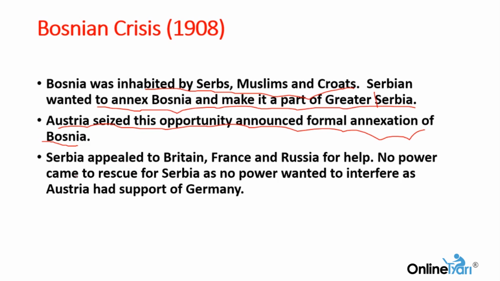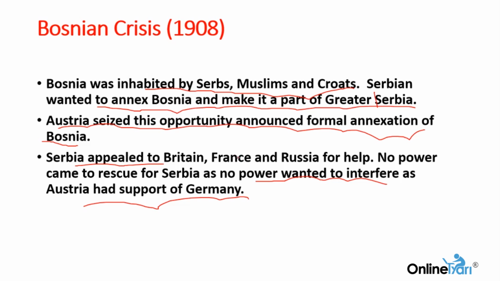So finally, Serbia appealed to Britain, France, and Russia for help, but no power came to rescue Serbia, as no power wanted to interfere, since Austria had the support of Germany. So this is the basic understanding you have to make: Germany had allies like Austria and Italy, but they were so weak. They were more dependent on Germany than Germany was on them.